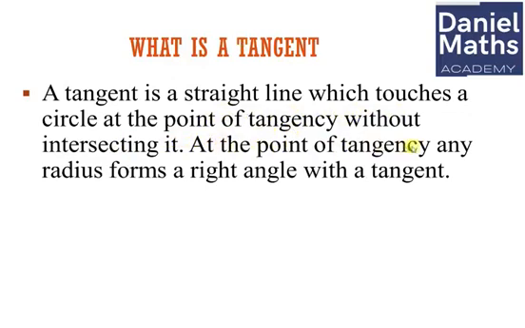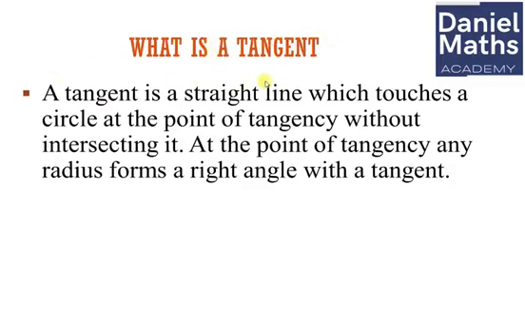At the point of tangency, any radius forms a right angle with the tangent. So what we mean by this is that a tangent is any line that is drawn to touch a circle.